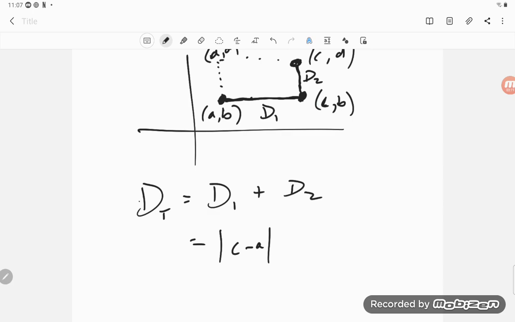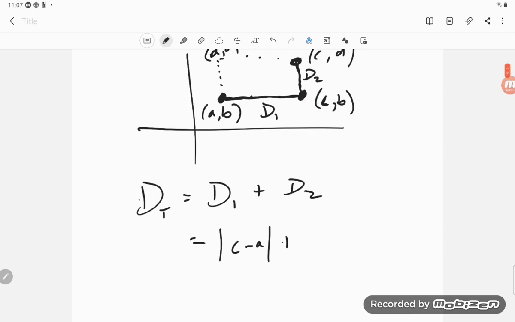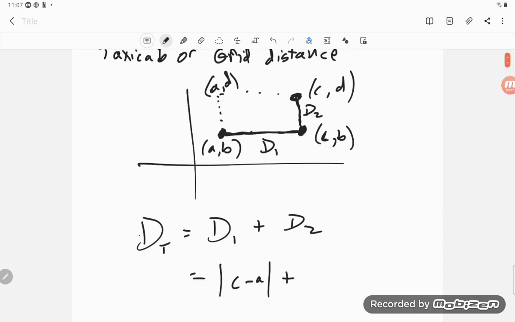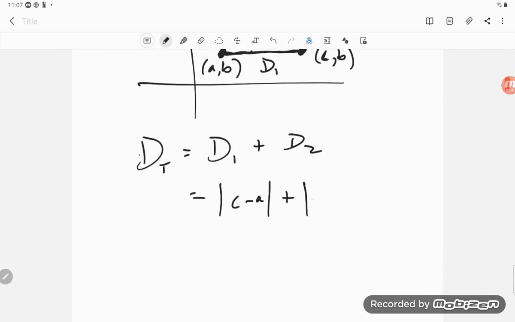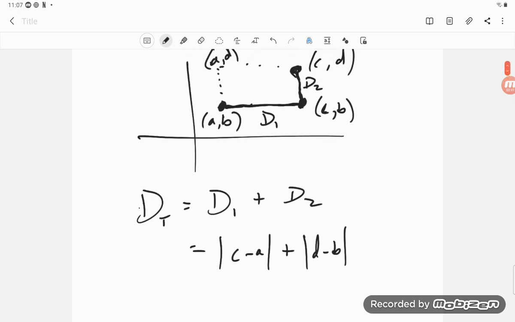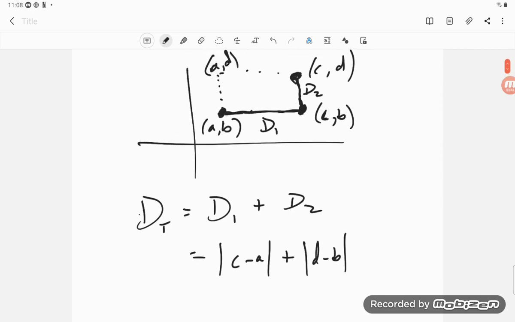I could have done A minus C. And then for D2, it's just going up here from B to D, and so that distance is D minus B. And again, I use absolute value because I want it to not matter whether I use B minus D or D minus B. And so here, this is my answer for that problem.